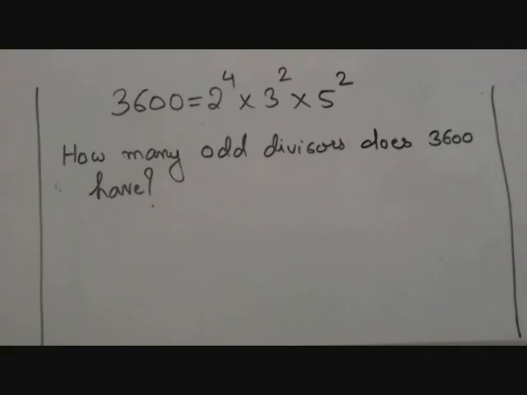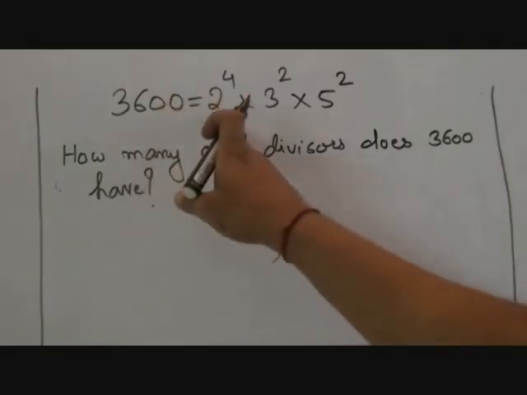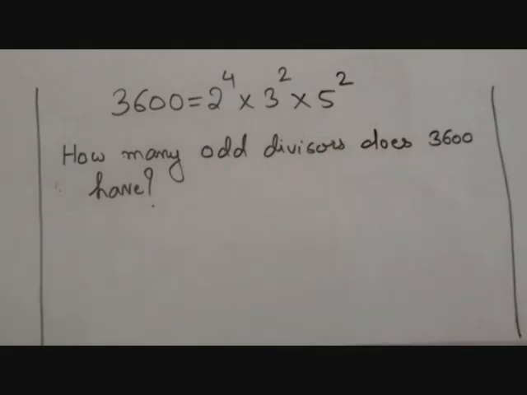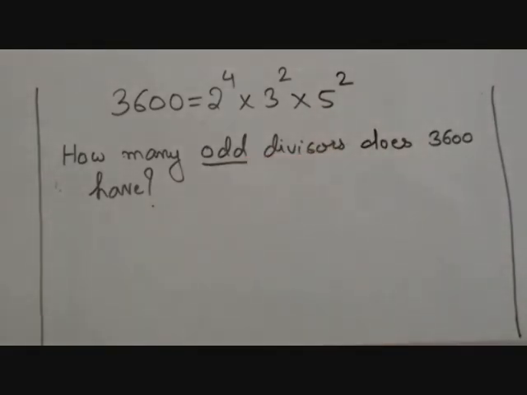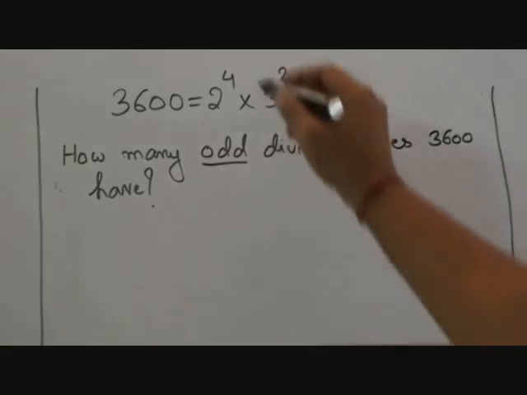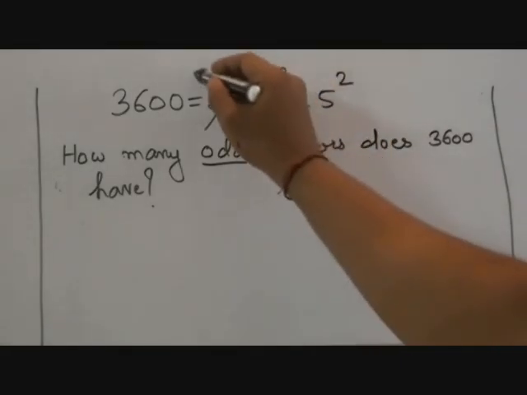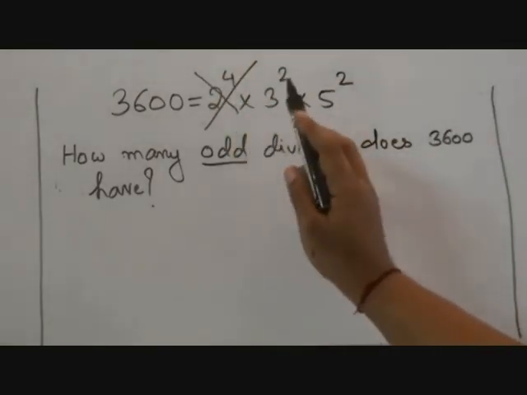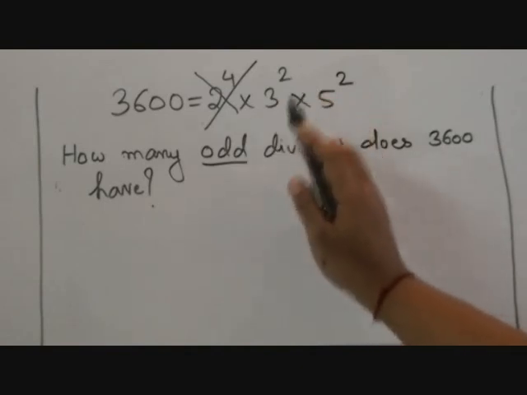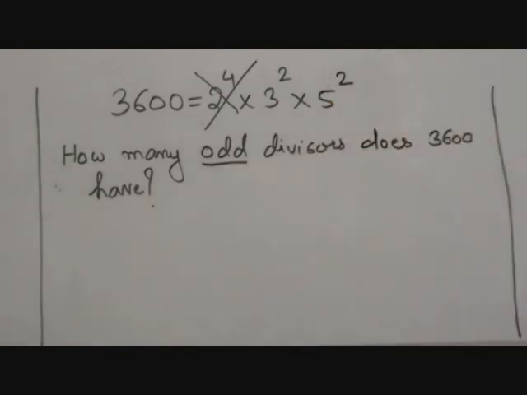Now let's see a simple question on divisors. How many odd divisors does 3600 have? You can see that 3600 is equal to 2 raised to 4 into 3 square into 5 square. Now, we are asking only the odd divisors of 3600. Odd divisors mean that it will not have any power of 2. So we'll cancel out 2 and only take the powers of 3 and 5.